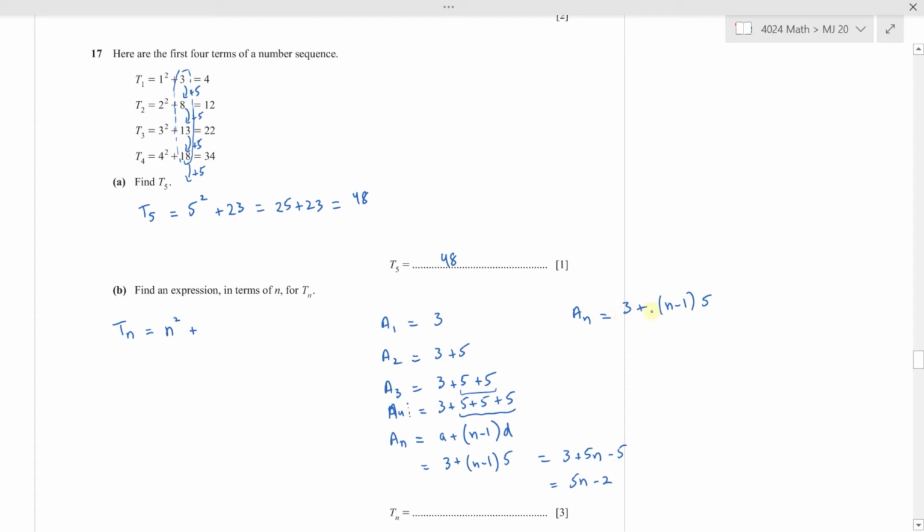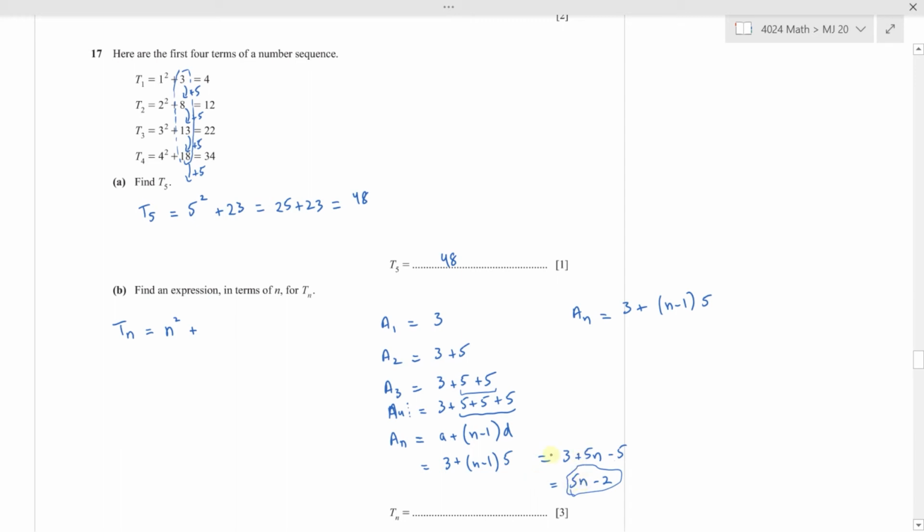You have 3 plus, and how many 5s you add, you take 1 less, or you subtract 1 from the term number. For 3 you have 5 times 2, and for n you'll have 5 times n minus 1. If you expand the brackets and calculate, you'll get the same answer here.